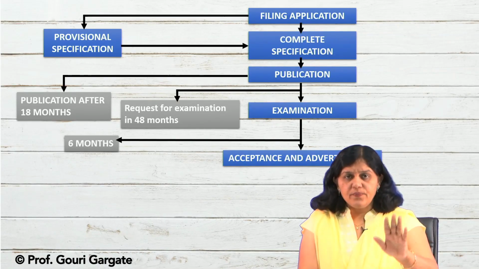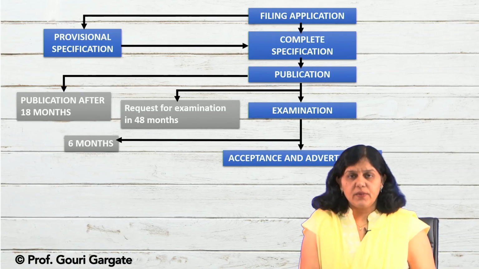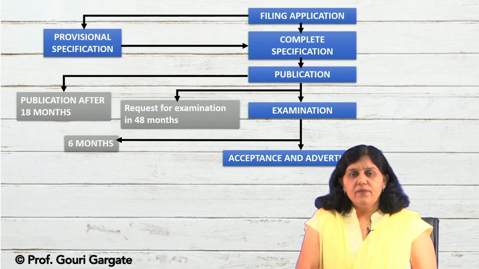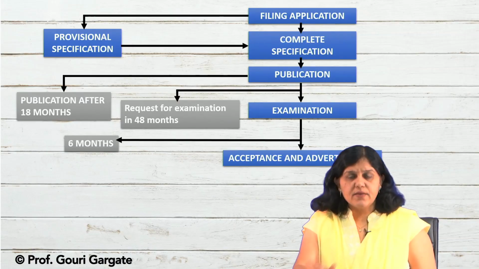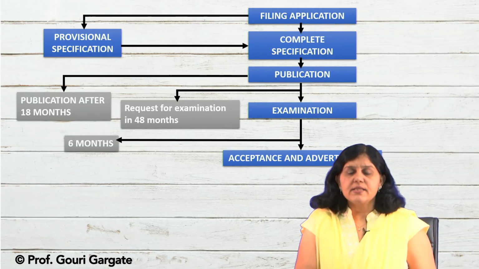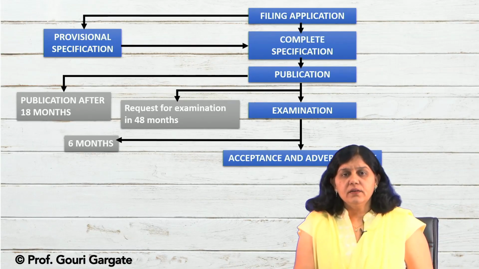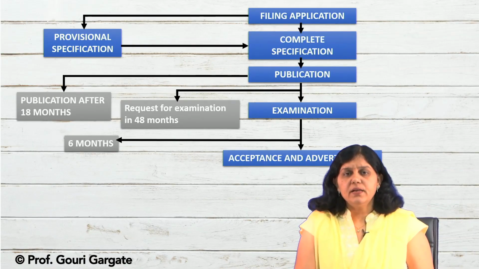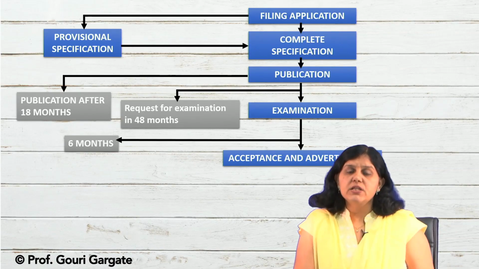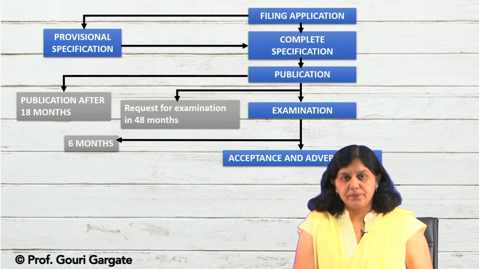The examiner will say that okay, those 3 claims you are able to clear, those 3 claims are fine, but these 7 claims are not as per the act, the rules and guidelines. So, here only 3 claims will be accepted and the remaining 7 will be rejected. So, that is the partial acceptance of the patent.